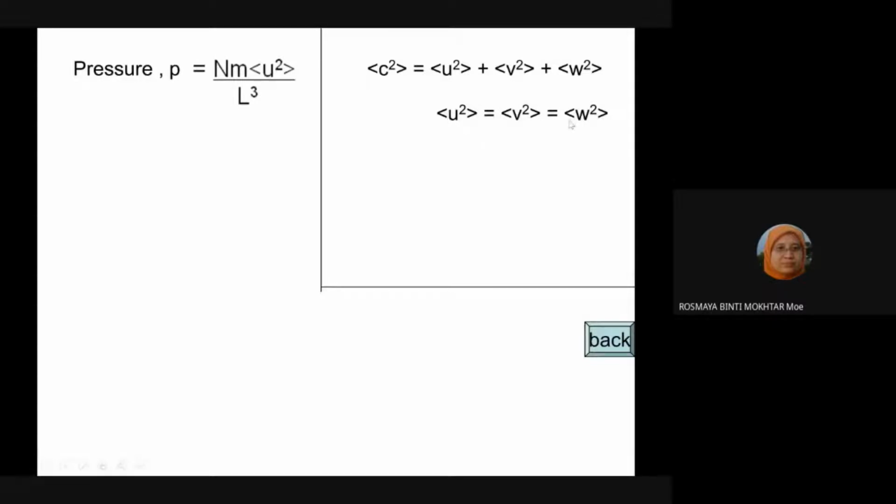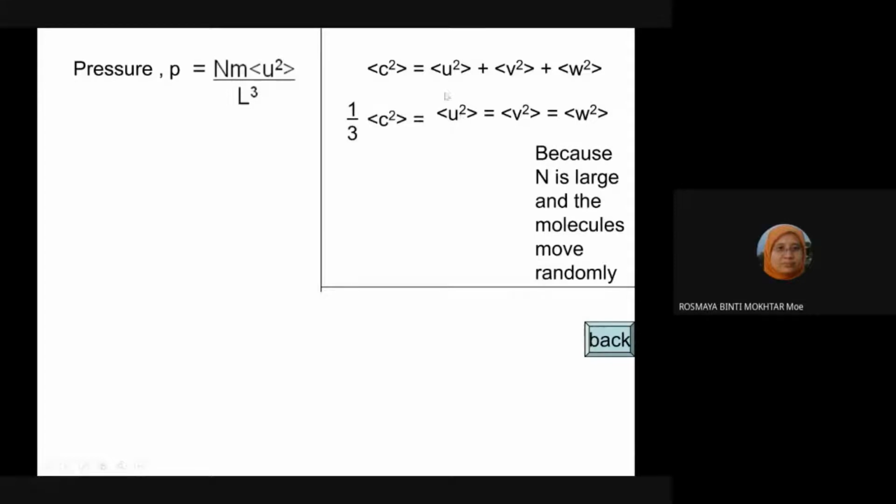They move randomly. The keyword is randomly, so they all have the same value. The reason again: n is very large and the molecules move randomly, therefore they are all equal in value.